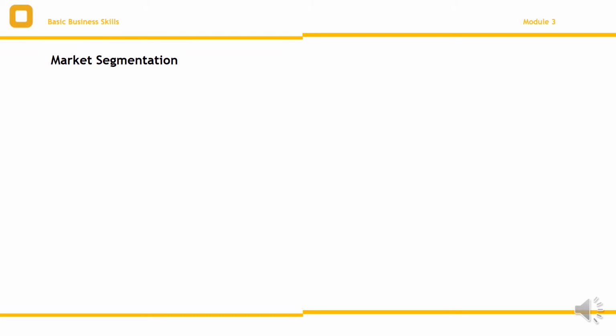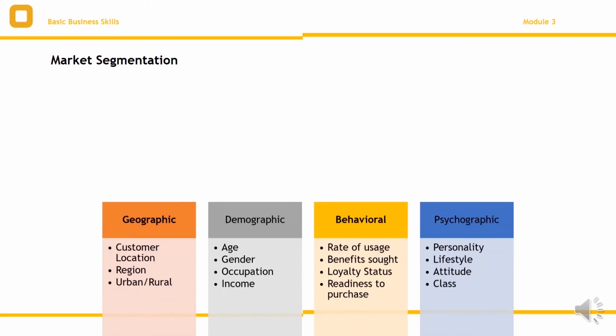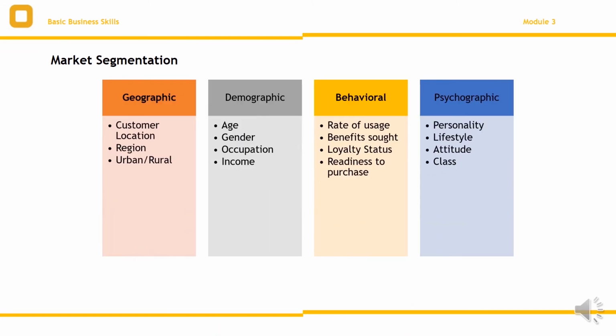So you can segment your market based on the following elements. You can segment your market based on geography. When we segment our market based on geography, we are referring to the geographic location of where our customers are located. They could be located in a specific region, a specific city, a specific country, or within an urban or rural setting.